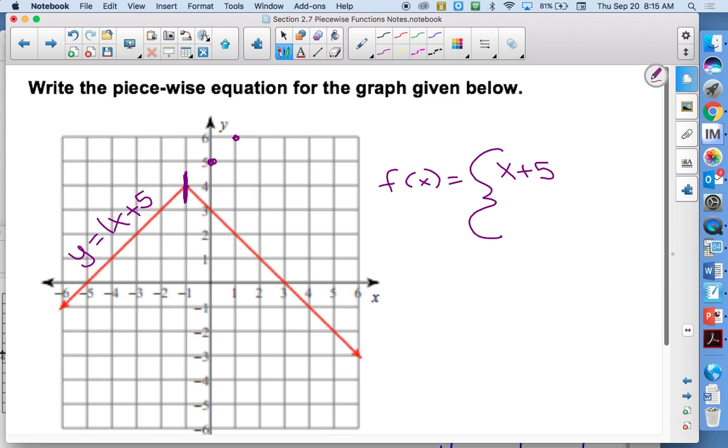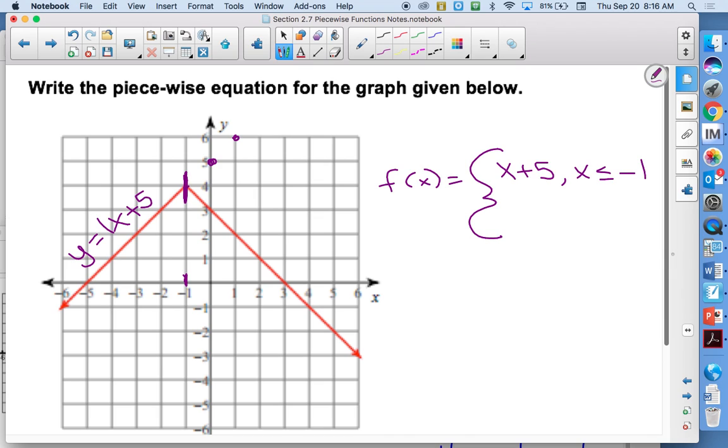And then Julia, what do you think for that domain there? X is less than or equal to -1. So she said x is less than or equal to -1. So here's where x is -1, and then it's to the left. If it's to the left, it's less than or equal to. So x is less than or equal to -1.